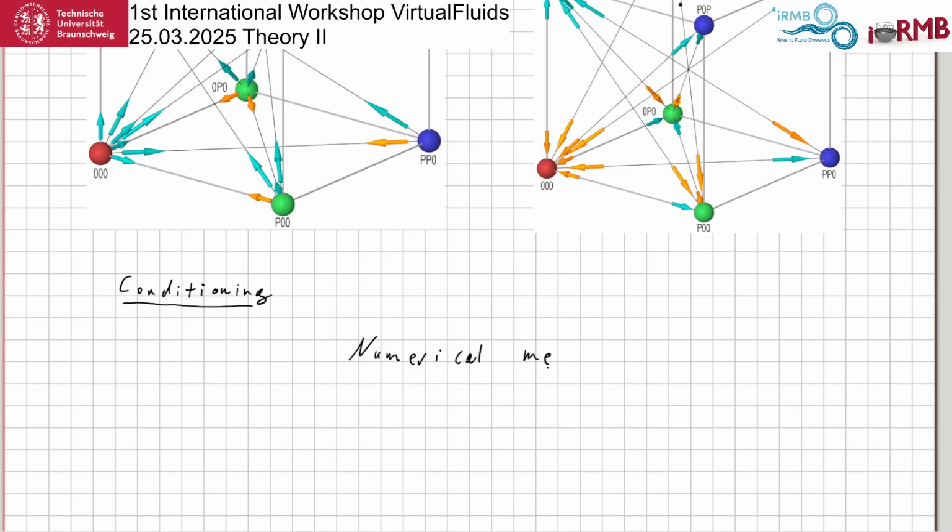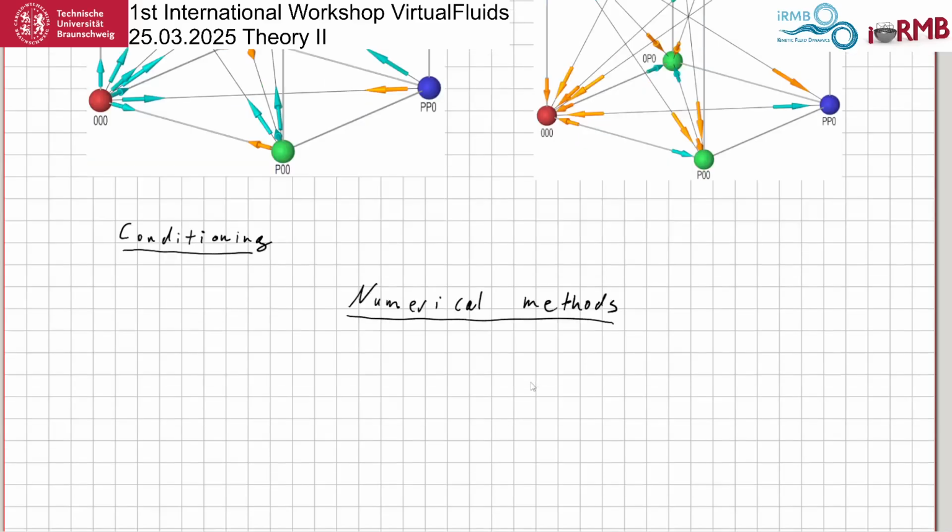Let's say something very, very general. You have numerical methods, and you can roughly say that there are explicit numerical methods and implicit numerical methods. And lots of you deal a lot in your life with implicit numerical methods.